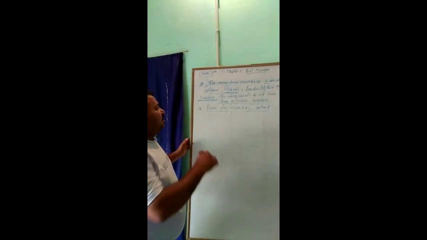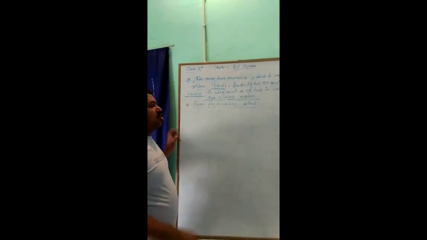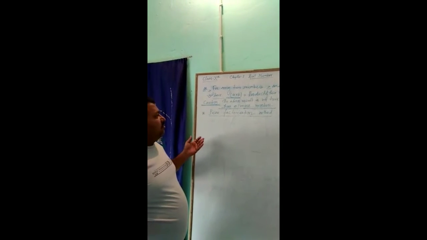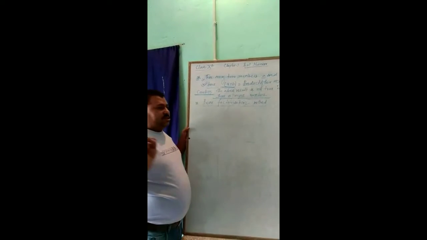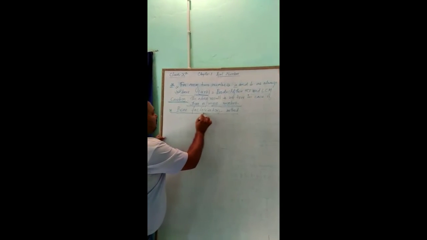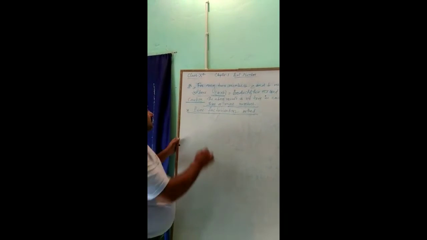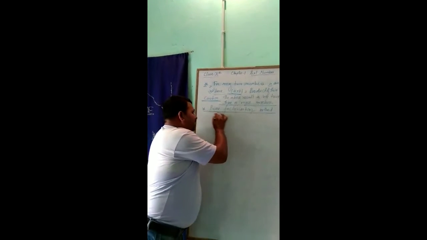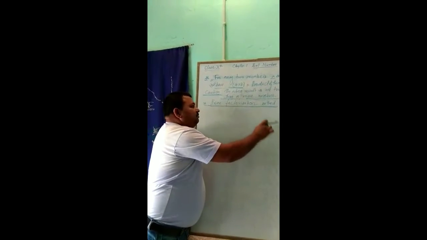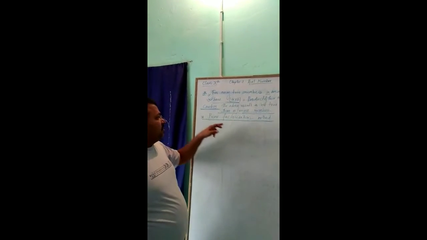Suppose 3 or more numbers are given, then how will you find the HCF and LCM? For that, dear students, the other method is the prime factorization method, by which we can find the HCF and LCM.